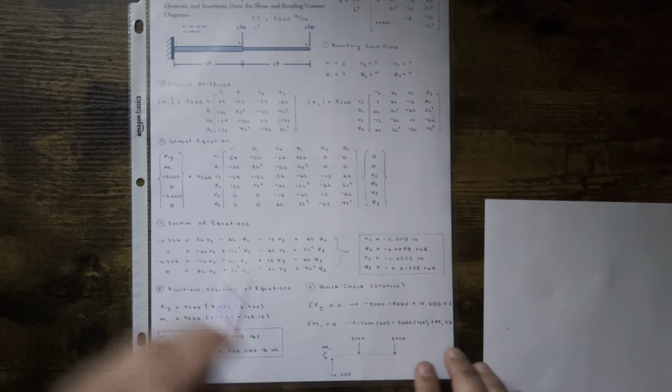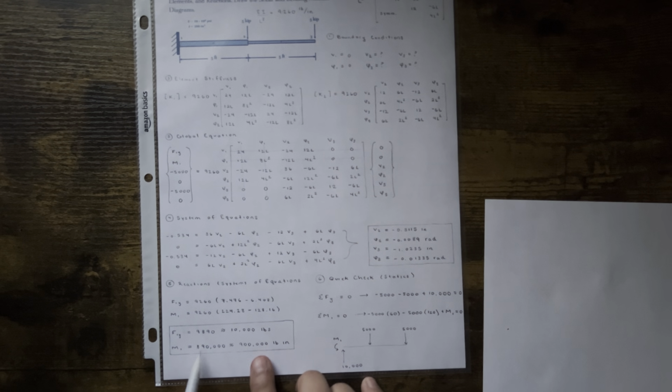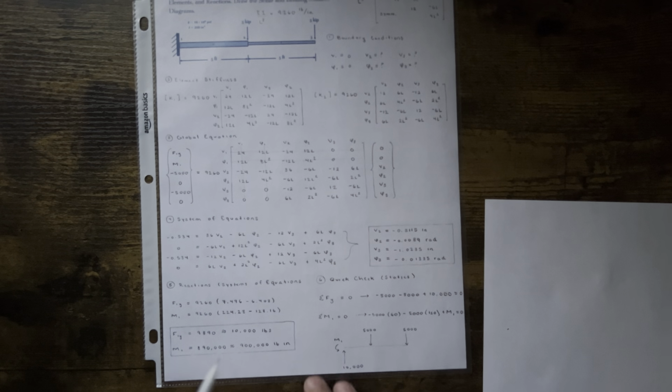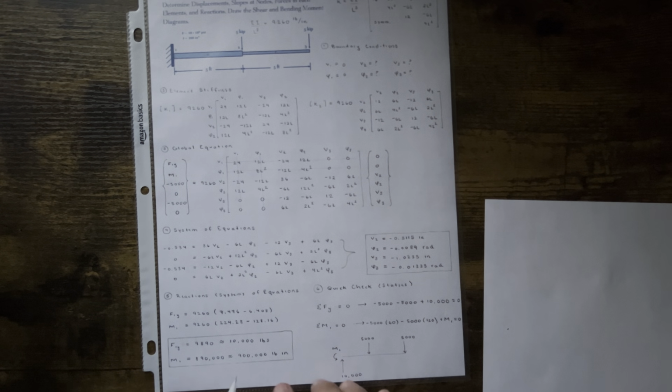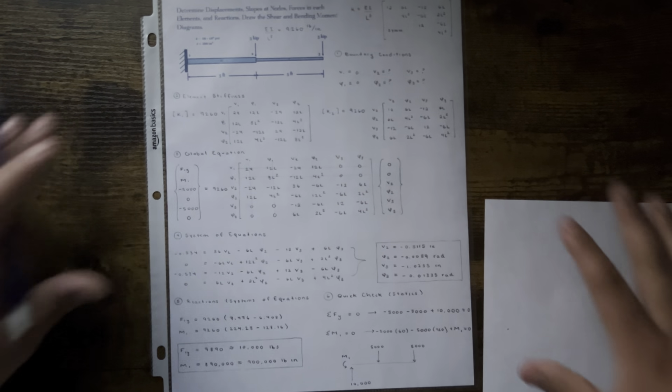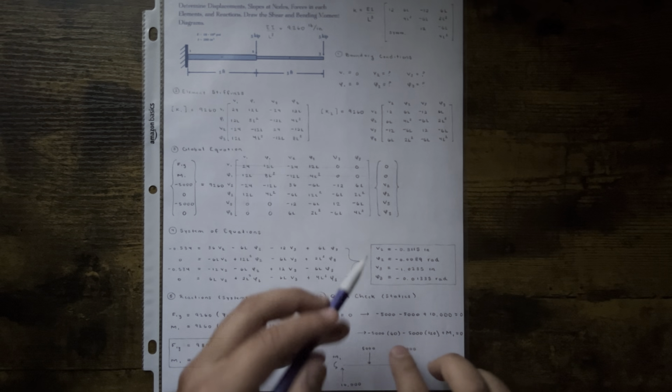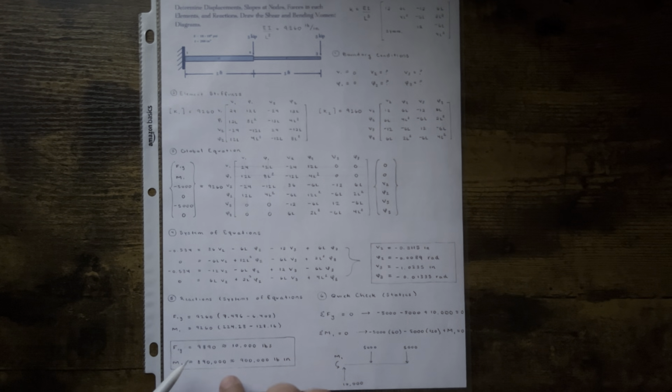And whatever that value is, that should equal the moment that you got here. And in this case, it's 900 pound inches, my bad. And that's how you verify that the answers that you got up to here are correct. If these numbers make sense, that means for sure these numbers are correct, or else they wouldn't make sense.